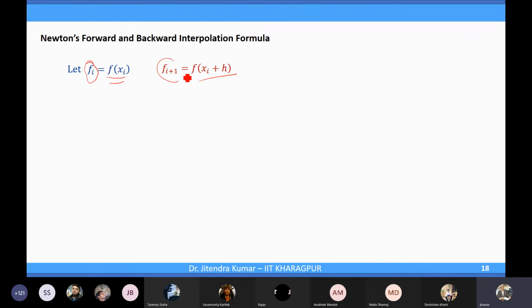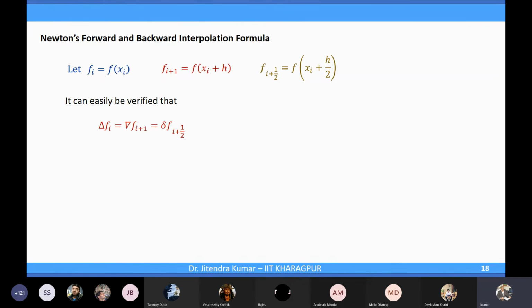f(x_i + h) we will denote by f_(i+1). f(x_i + h/2) we can denote by f_(i+1/2). That's another notation we are going to use, and it can easily be verified, as you will see, that delta f_i is equal to nabla f_(i+1). Why are these two equal? Because what is delta f_i? You remember it was f_(i+1) minus f_i, correct?